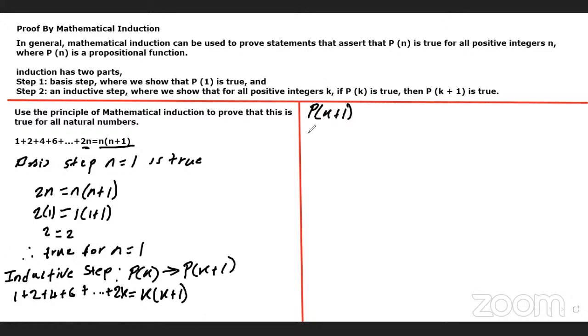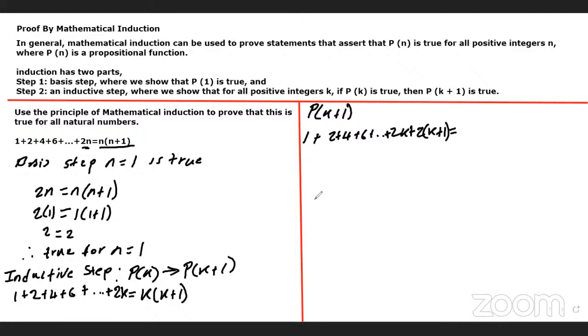So we have 1 plus 2 plus 4 plus 6 plus 2k, which is the last value when it was k. Now we go to k plus 1, so we go to the next number in the series, which is plus 2 times k plus 1. We're adding 1 to the k. The last number for P of k plus 1 is 2 times k plus 1, and we add 1 to the k's on the right side as well.